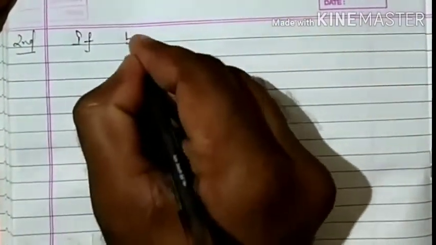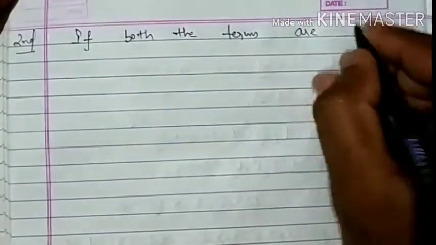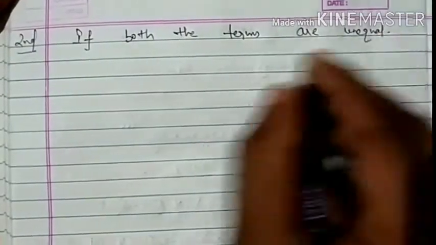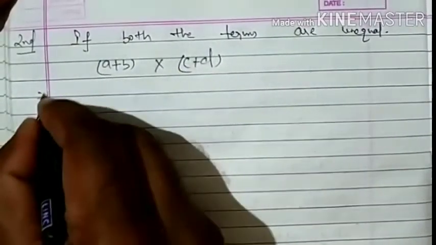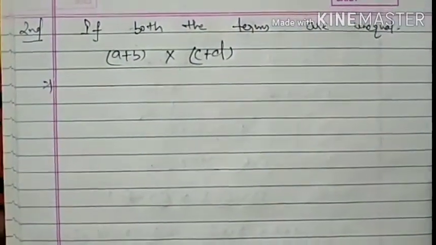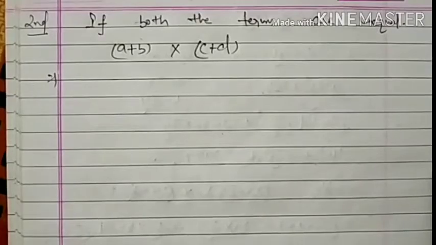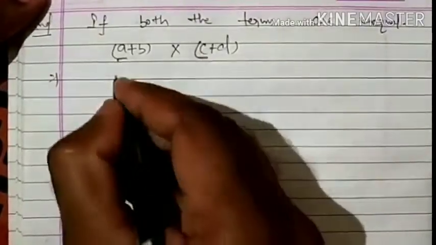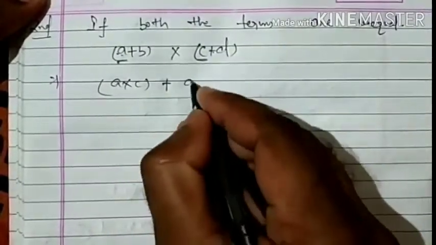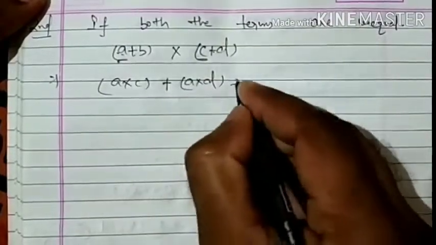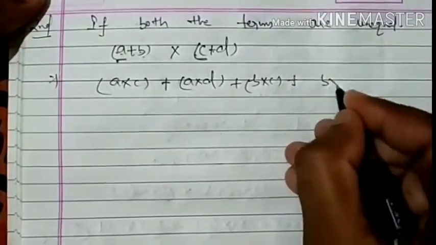If both the terms are unequal, that is a plus b multiplied by c plus d. In this case we can also deduce a formula, but we'll first multiply like we did in the previous options. A multiplied by c, plus a multiplied by d, plus b into c, plus b into d.